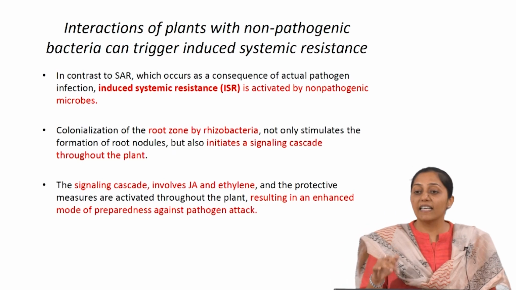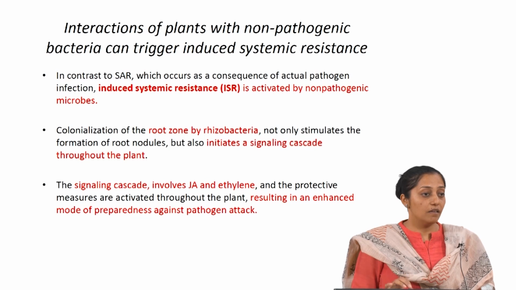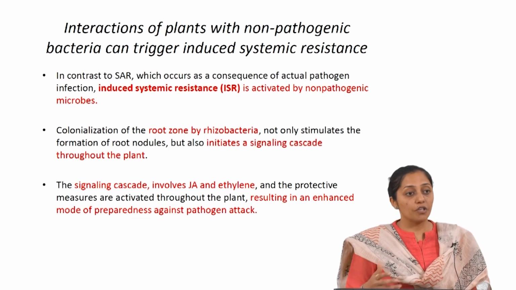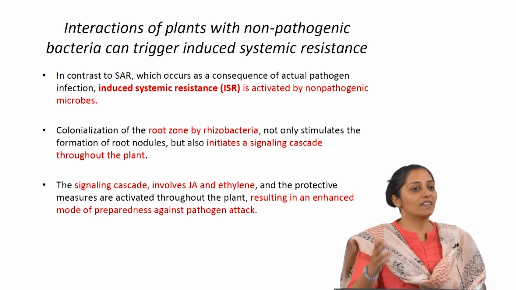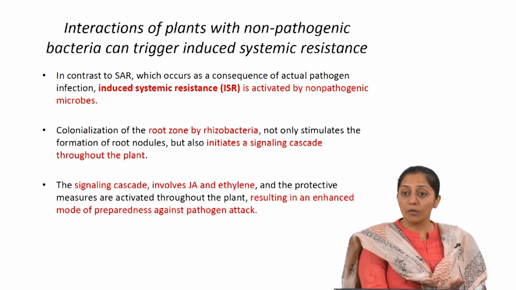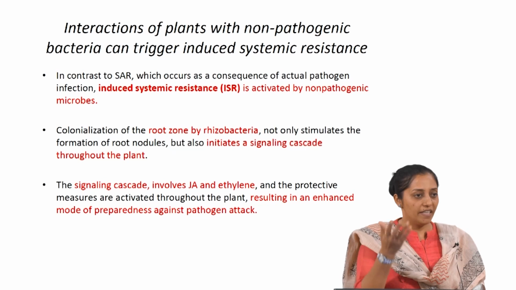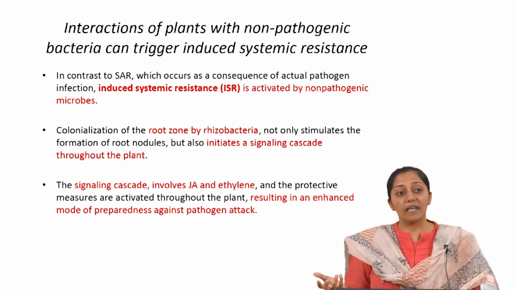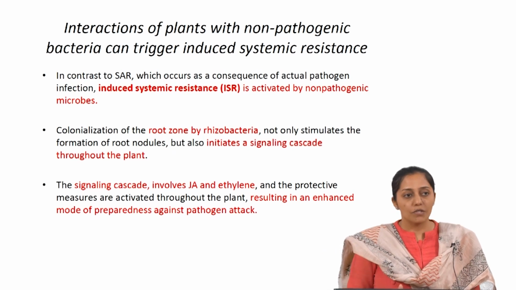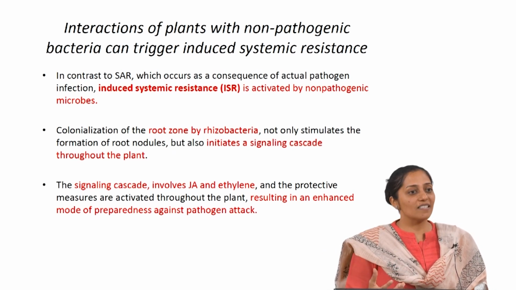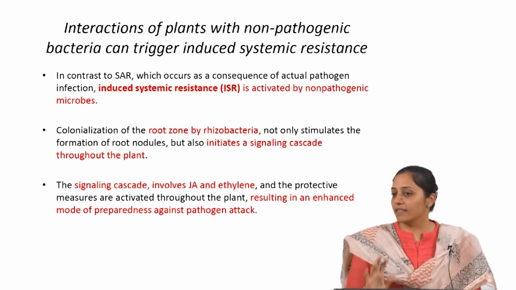Jasmonic acid and ethylene are the components involved in induced systemic resistance, which will increase the production of the secondary metabolites which are continuously being produced in the plant. So, there were some metabolites which are always present, with no spatial or temporal induction of their biosynthesis, but there are phytoalexins which are produced only as a result of infection to the plant. So, this induced systemic resistance enhances the inherent capacity of the plant to protect itself.